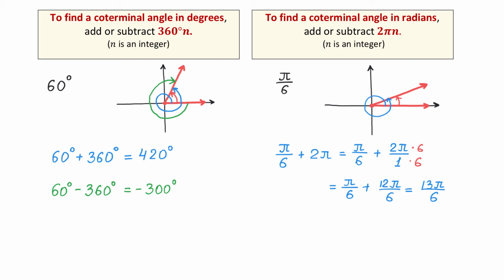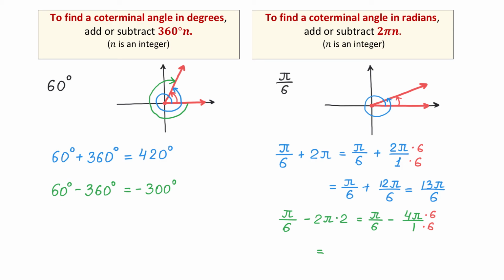And now let's find a negative angle that will be coterminal with pi over 6. For this, we will subtract 2 pi or 2 pi times any integer, for example, times 2. Then we will rewrite this as pi over 6 minus 4 pi over 1. Again, the least common denominator is 6, so we will multiply the numerator and the denominator of the second fraction by 6.